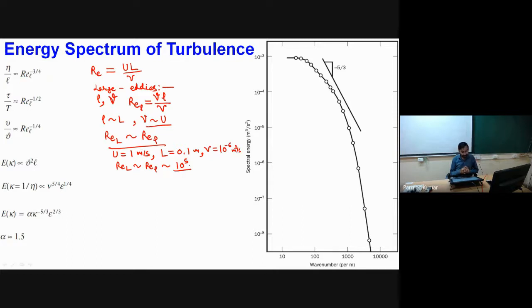If these are dominated by the inertia dominant effect, it means they receive certain amount of energy from our mean flow. So the mean flow transfers the energy leading to turbulence in the form of large eddies. The large eddies have received that energy from our mean flow.